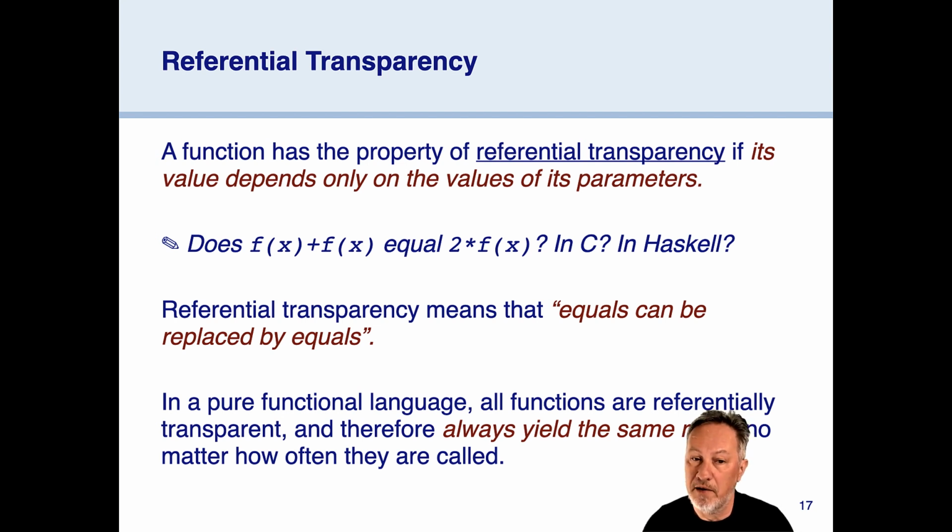So the first time f of x is called might not give the same result as the second time it's called. In a pure functional language, we have this property of referential transparency that guarantees that it doesn't matter when we call f of x or in what context, it will always give us the same result. As a consequence, equals can be replaced by equals.